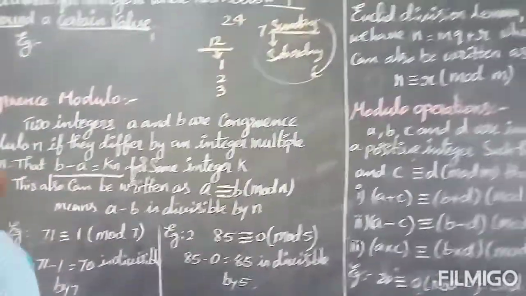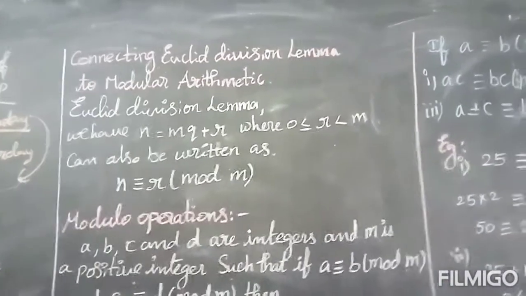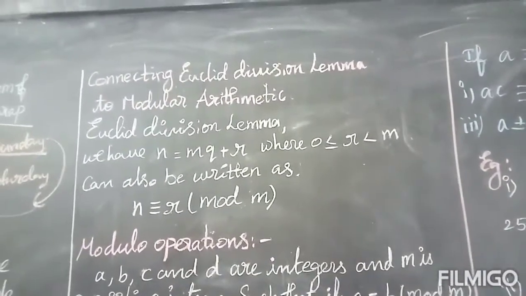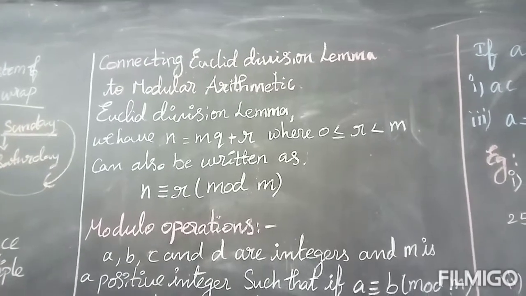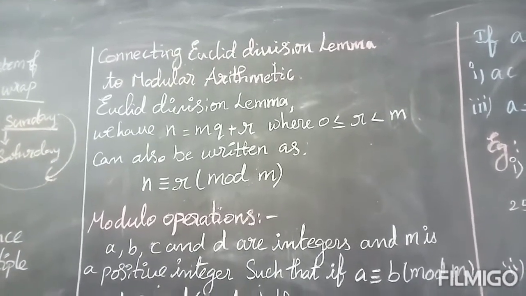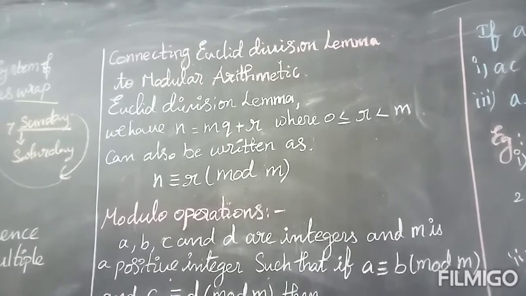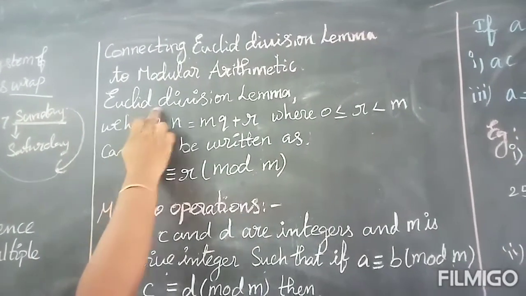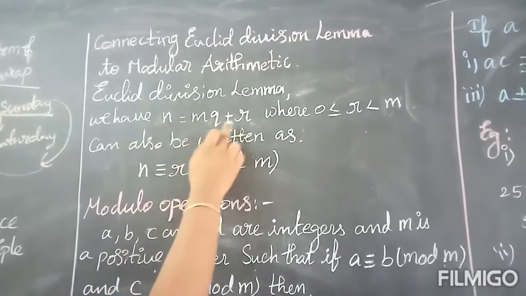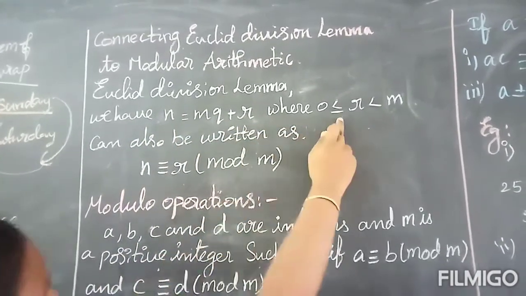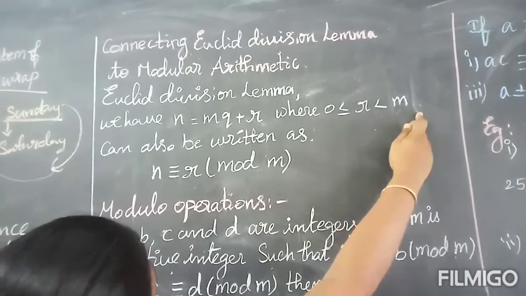Next, moving on to connecting Euclid division lemma to modular arithmetic. Already we learned Euclid division lemma, that is a equal to bq plus r, where 0 is less than or equal to r is less than modulus of b. Here I take m and n: n equal to mq plus r, where 0 is less than or equal to r is less than m.